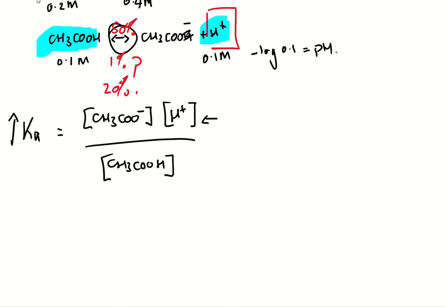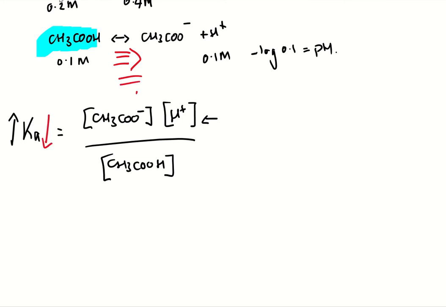You can see, referring back to my equilibrium above, the larger the Ka, the further the equilibrium lies in that direction, because the concentration of my top line is higher, and the smaller my Ka, the further my equilibrium lies to the other side.